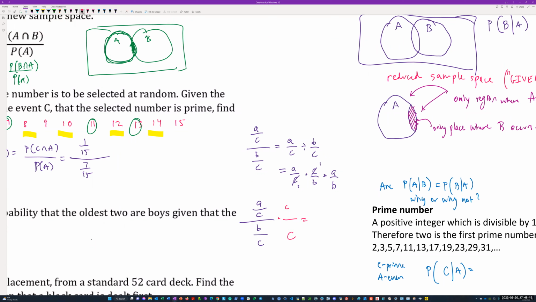Does that make sense? Then this C would cancel, this C would cancel. So we would just get A over B this way, all right?